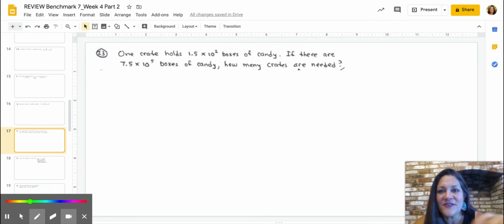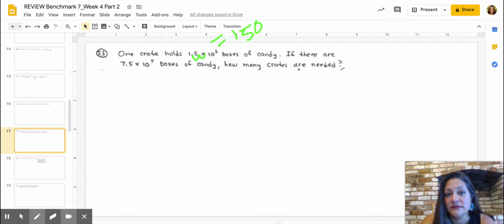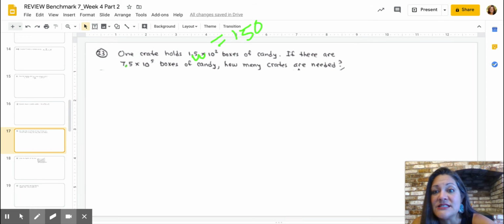For this 1.5, you're going to take that decimal and move it 2 places. So that is 150 boxes of candy. And for this other one here, holy moly, we're going to move that decimal 5 places. 1, 2, 3, 4, 5 means that is 75, 1, 2, 3, 4 zeros.